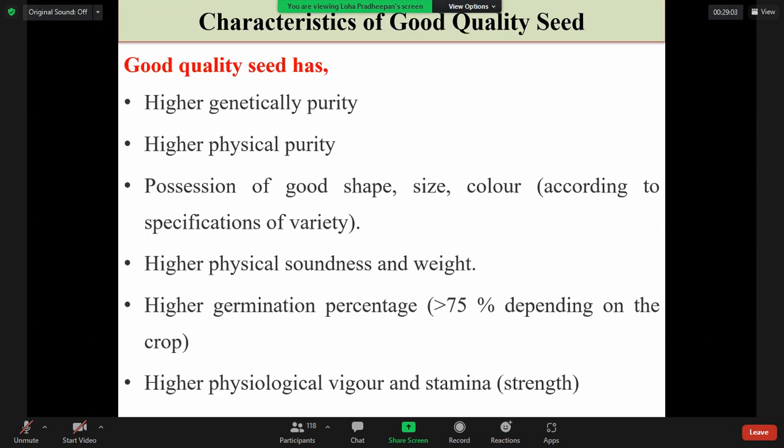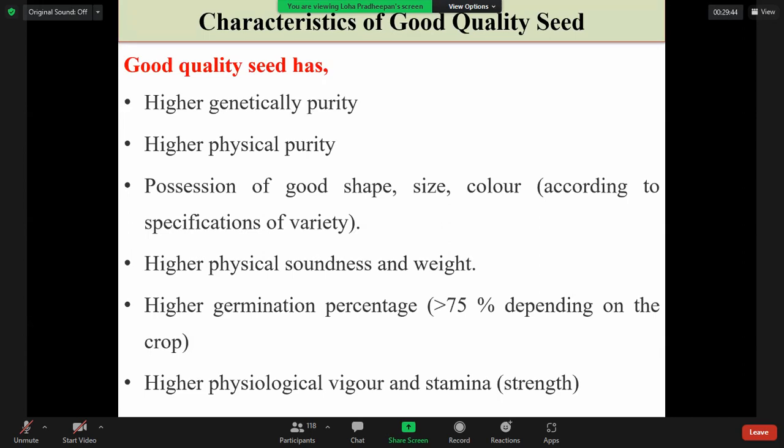How can we estimate the vigor? The seeds should germinate quickly. Normally, the average time period required for a particular seed is 4 or 5 days. So if the seeds germinate within that time period, that seed has vigor. But some seeds take more time, 8 or 9 days, but they will germinate, though not on the day normally required.